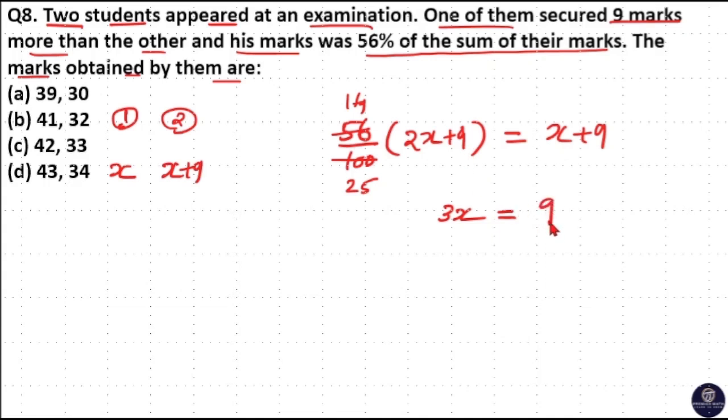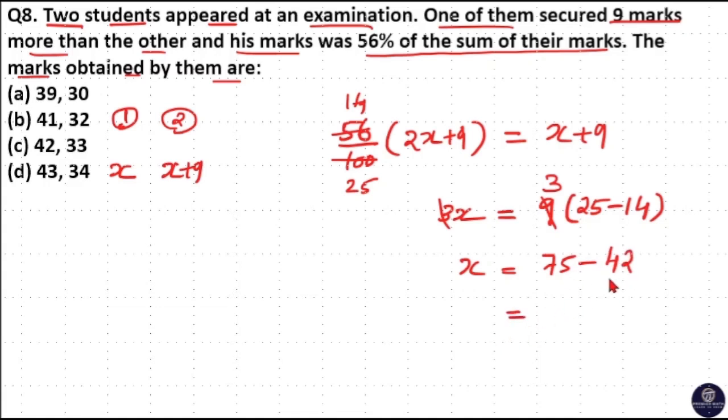So 9 into (25 minus 14). Here 3 cancels. Now 3 3s are 9. Now x is equal to 3 into 25, which is 75, and 3 into 14 is 42.